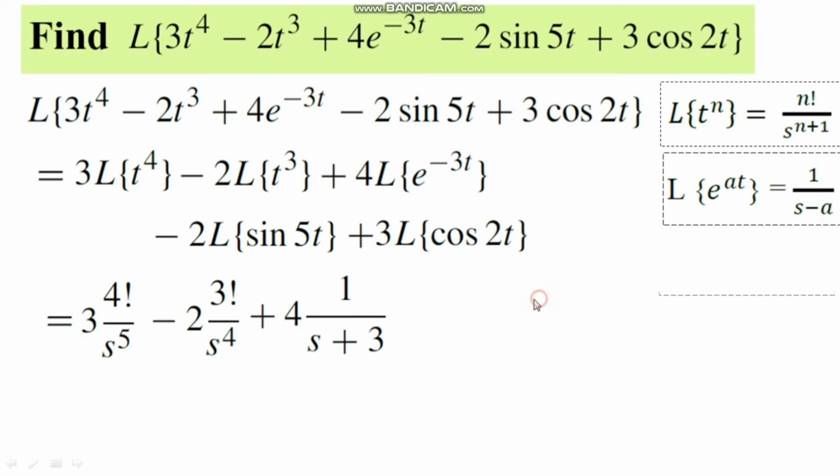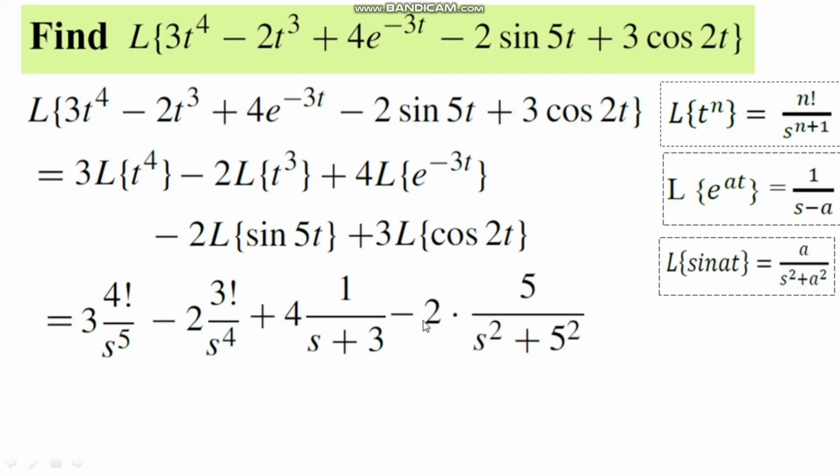Later, the Laplace transform of sine 5t. We know the Laplace transform of sine at is a by s^2 plus a^2. According to this formula, it becomes minus 2 times 5 by s^2 plus 5^2, where a is 5 here, plus 3 times the Laplace transform of cosine at, which is s by s^2 plus a^2.